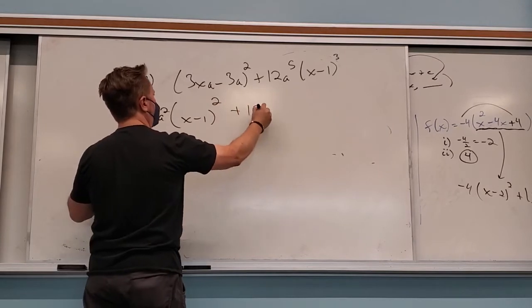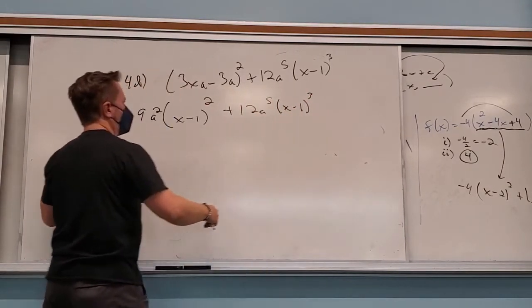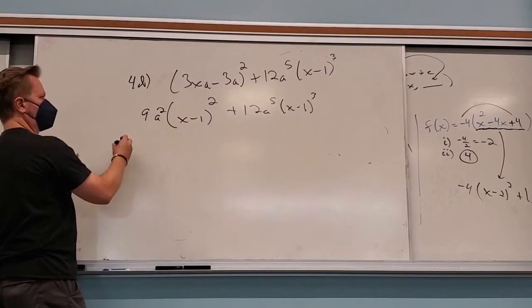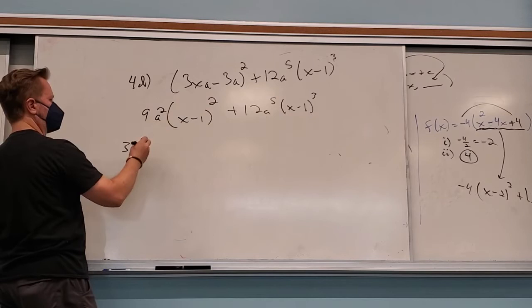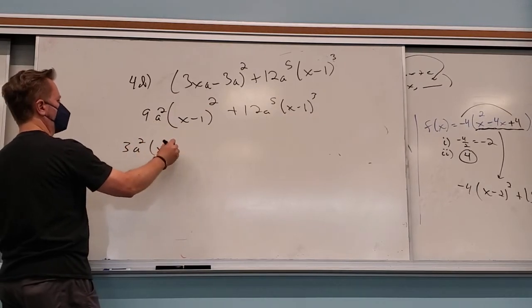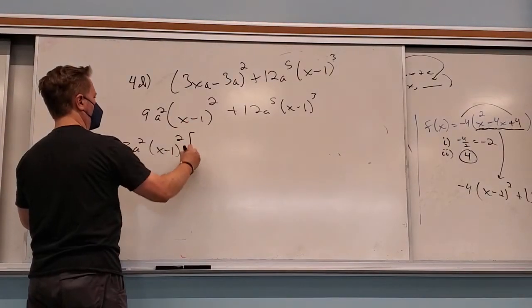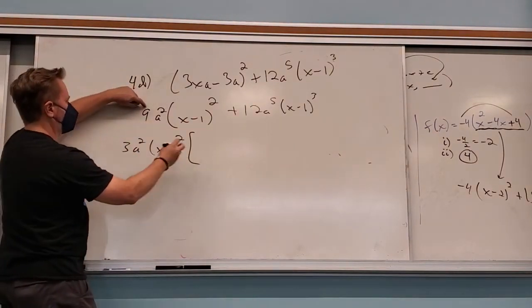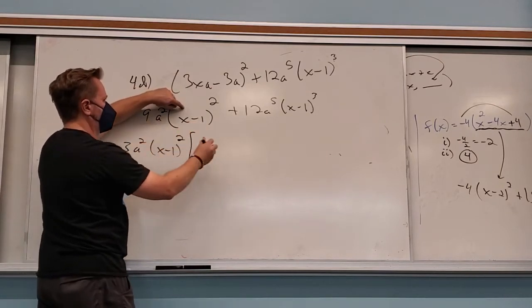Now I see a lot of stuff in common. What number can come out? 3. How many a's can come out? 2. How many x minus 1s can come out? 2. I like it. And what's left? 9 divided by 3 is 3. I had 2 a's, took them. I had 2 of these, took them.